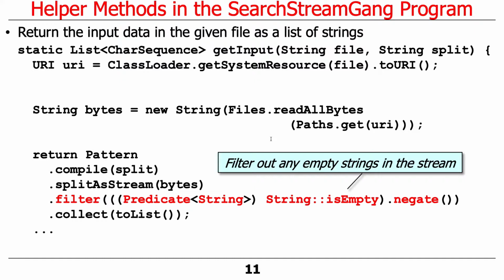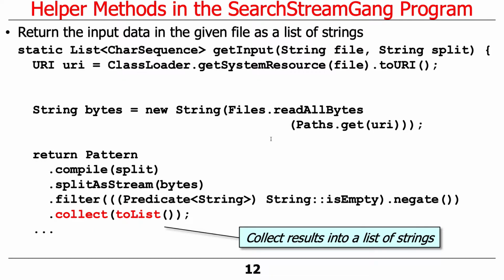So if the string is empty, we negate it. We basically cast the String::isEmpty method reference to be a Predicate of String, and then that allows us to get the negate method. So we negate it. What that's saying is only allow non-empty strings through the filter, and then we collect everything into a list of strings. So we end up with a list of strings or a list of char sequences as the result.